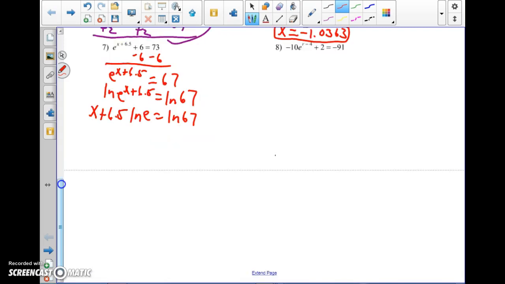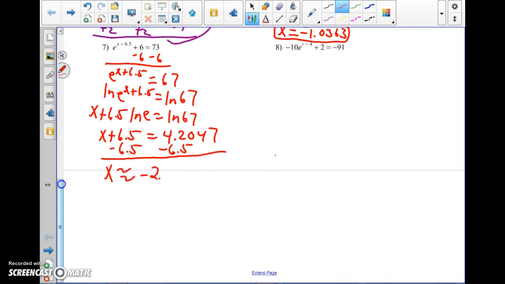Divide both sides by ln e. Now subtract 6.5 from both sides. This is your final answer.